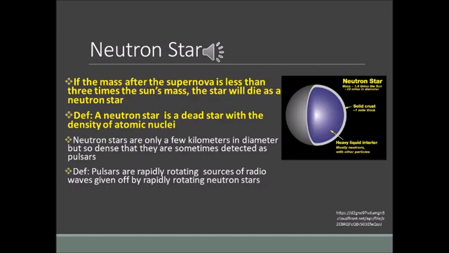If the mass after the supernova is less than 3 times the sun's mass, the star will die as a neutron star. A neutron star is a dead star with the density of an atomic nucleus. Neutron stars are only a few kilometers across, but are so dense that they sometimes are detected as pulsars.